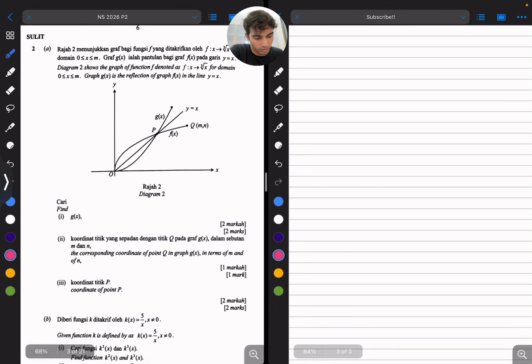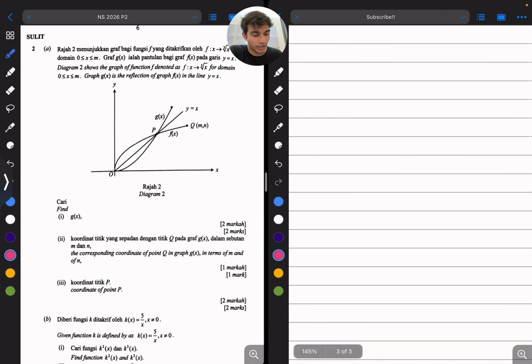Okay, functions. Diagram 2 shows the graph of the function denoted by f(x), which is the cube root of x. For this domain, graph g(x) is the reflection in the line y equals x. For functions, if you have a reflection on the axis y equals x, that means this function is the inverse of this function.